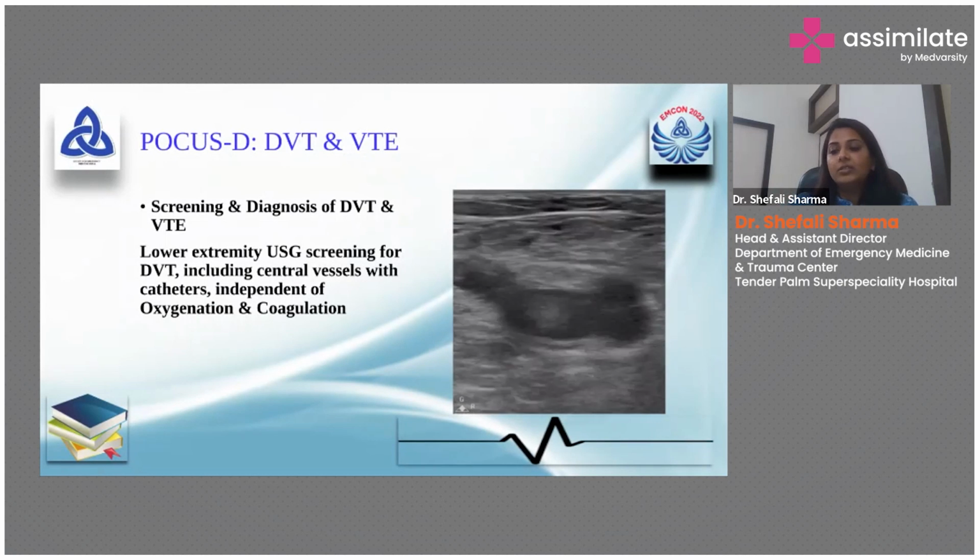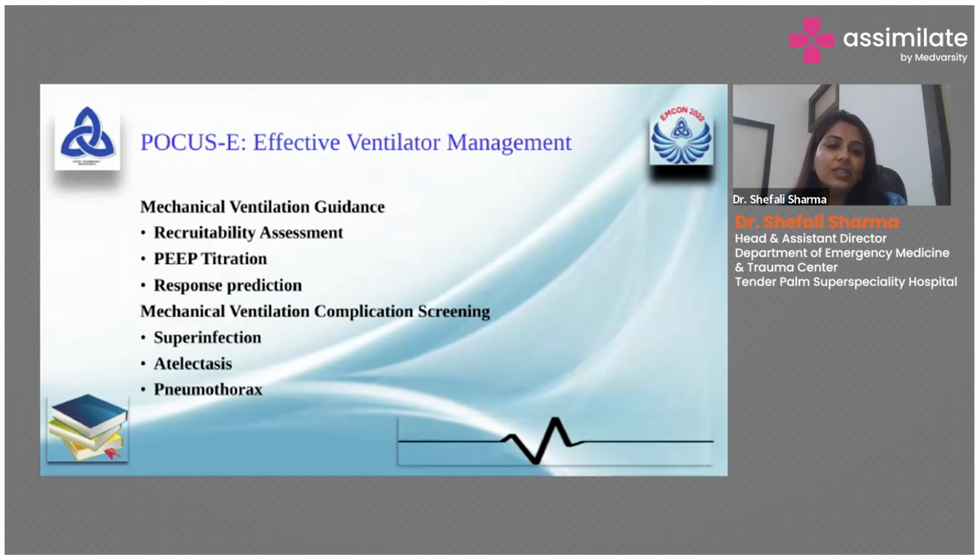Now, E. As we know, in emergency or in ICU, everything is via ABCDE. In trauma also, it's ABCDE. So for ultrasound also, I have kept ABCDE. Now, E denotes effective ventilator management.